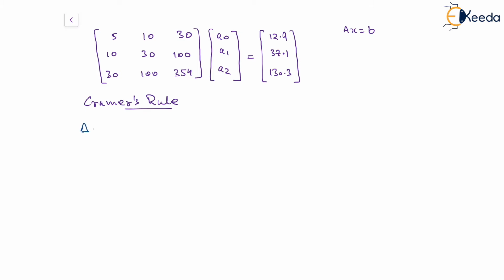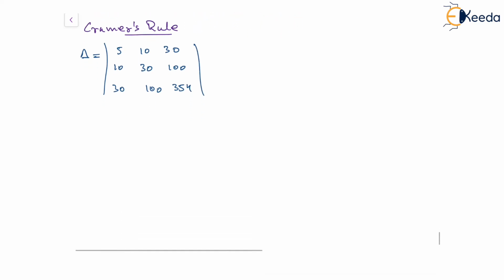So let us start with finding del, which will be the determinant of 5, 10, 30; 10, 30, 100; 30, 100 and 354. This comes out to be 700.